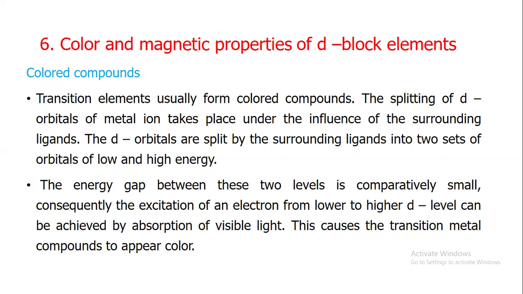Consequently, the excitation of an electron from a lower to a higher d level can be achieved by absorption of visible light, which causes the transition metal compounds to appear colored.